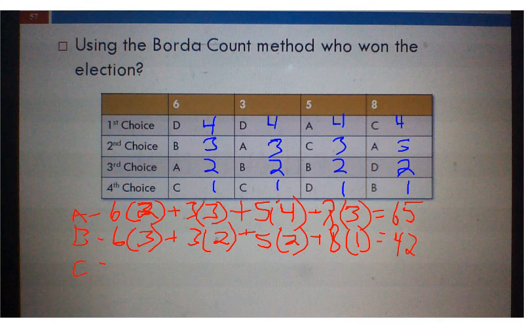Candidate C, there were 6 people who put candidate C in last, and that's a larger weight column right there, so that's going to hurt C. But let's see what it comes out to be.